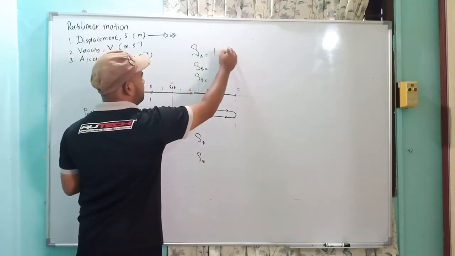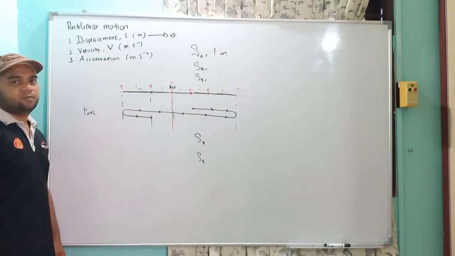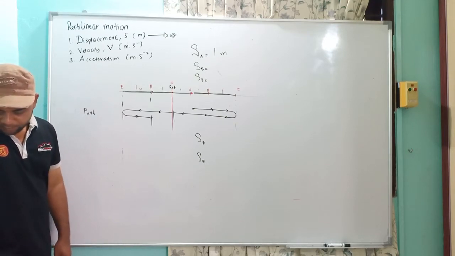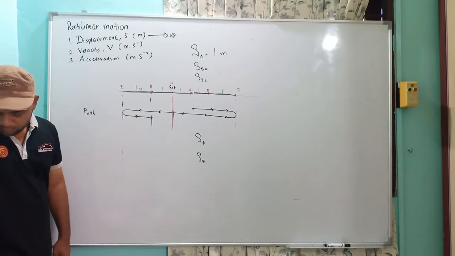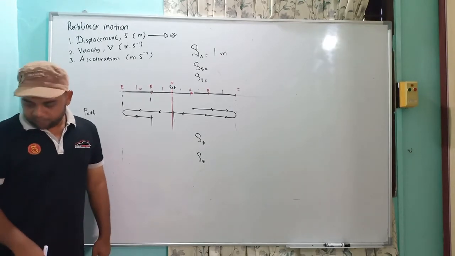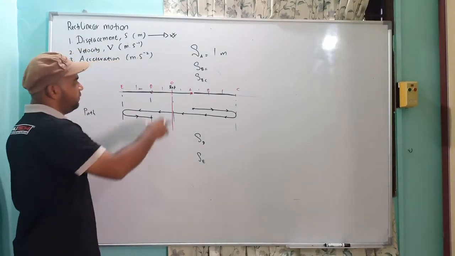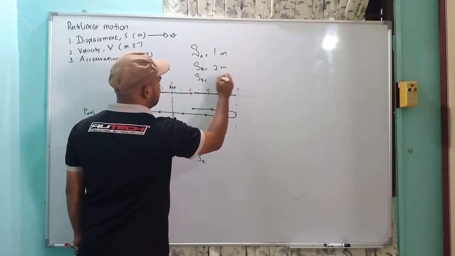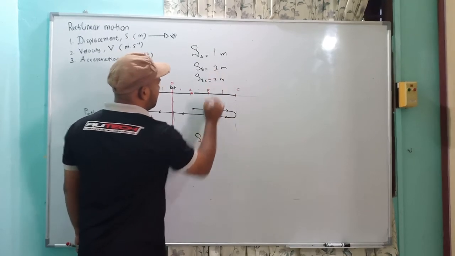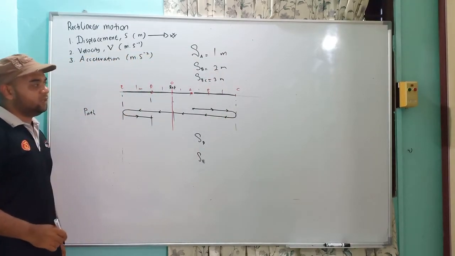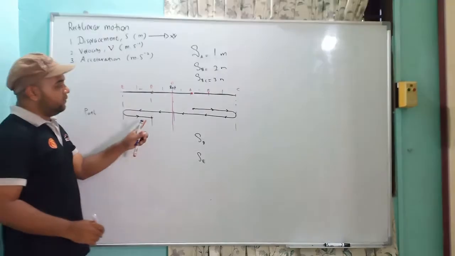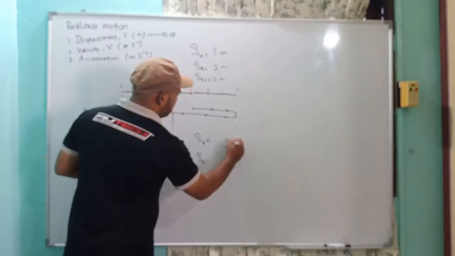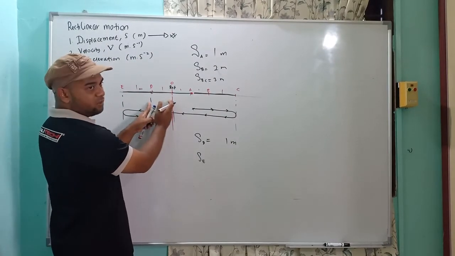Next, at B the displacement is 1 plus 1, which is 2 meters, and this is 3 meters. But if I take the displacement at point D, I will not put 1 meter, even though the distance here is 1 meter.